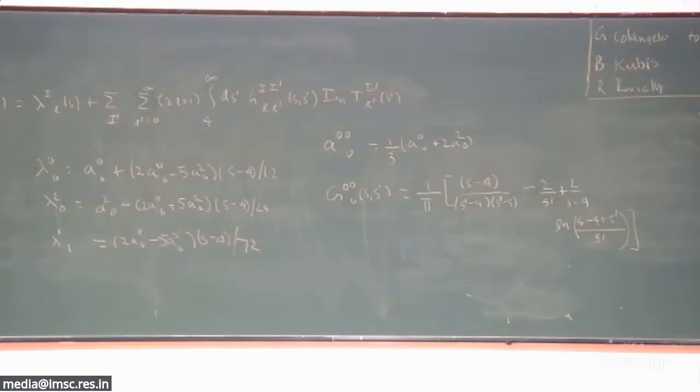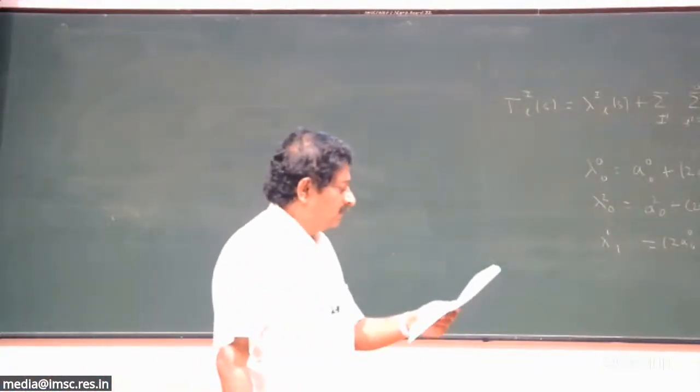And in order to do that, you have to impose one more condition. This is called the crossing condition.